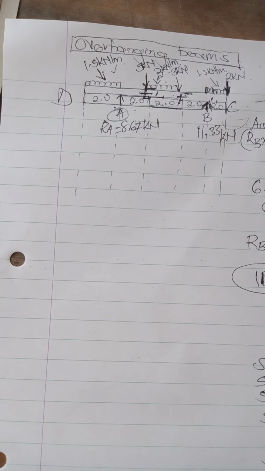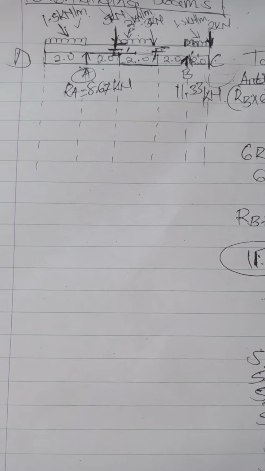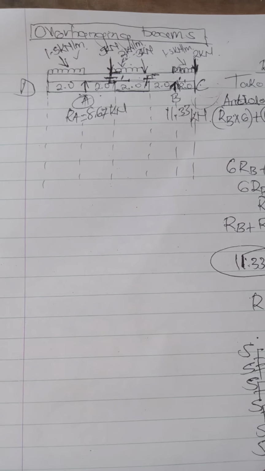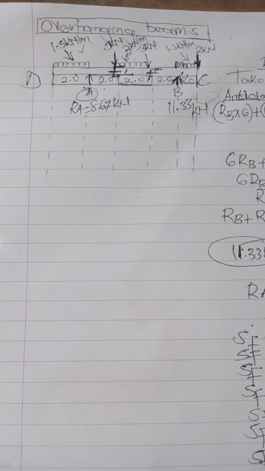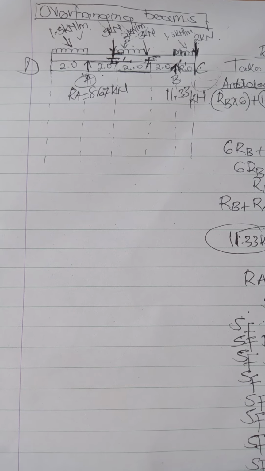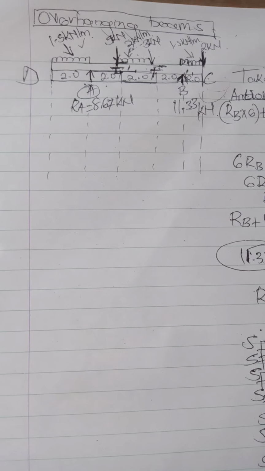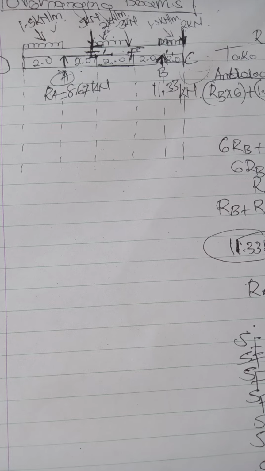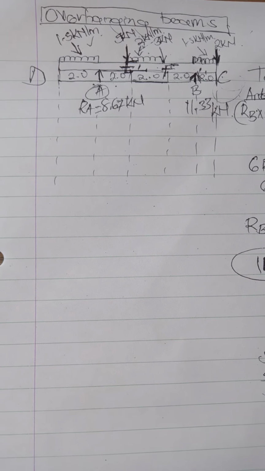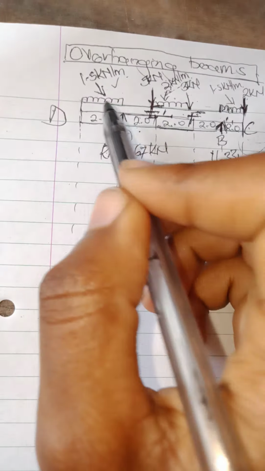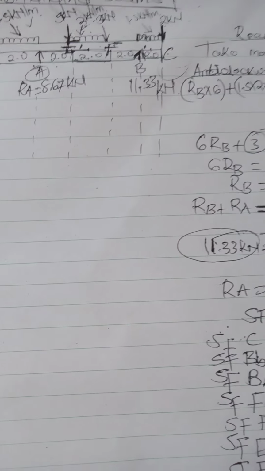Then the shear force at D. We all know the answer at C will be equal to 0, but we may calculate it to be negative 3. We add 1.5 times 2. 1.5 times 2 gives us 0.